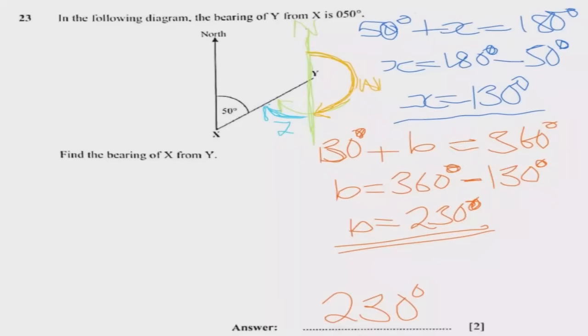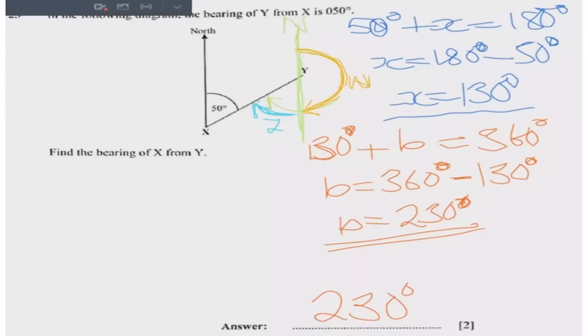Okay, so we have subdivided the bearing into two angles, angle W and angle Z. So now, how do we find this? We know that a straight line angle is equal to 180 degrees.